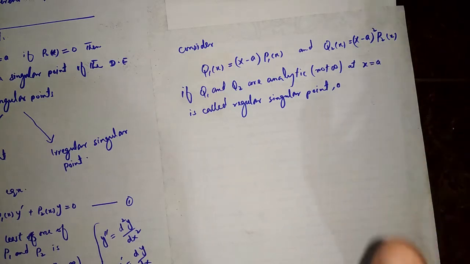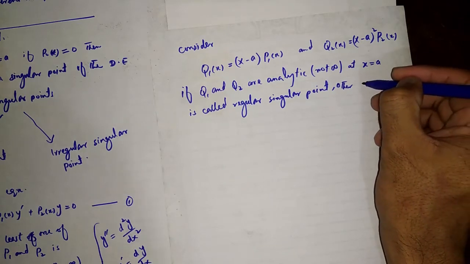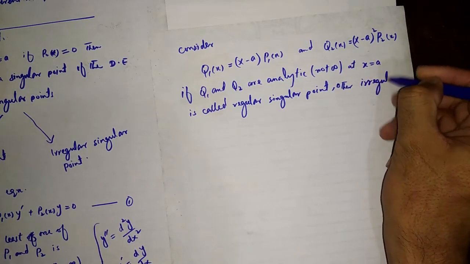And otherwise, it is called an irregular singular point.